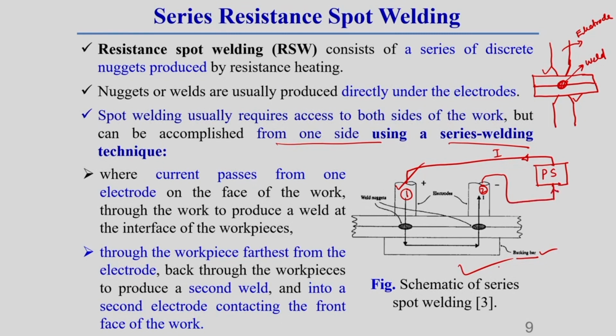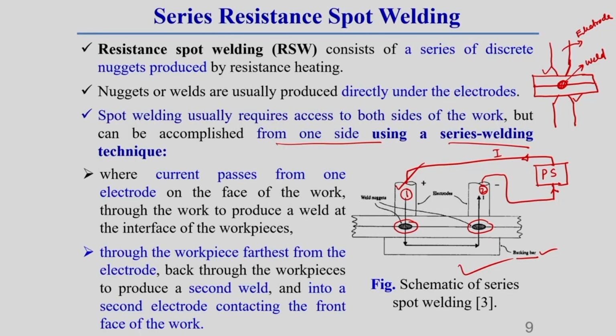In this type of system, in the first case there will be one nugget, and in the second case, just below the other electrode, there will be another nugget. So two different spots can be made simultaneously by this series welding technique.